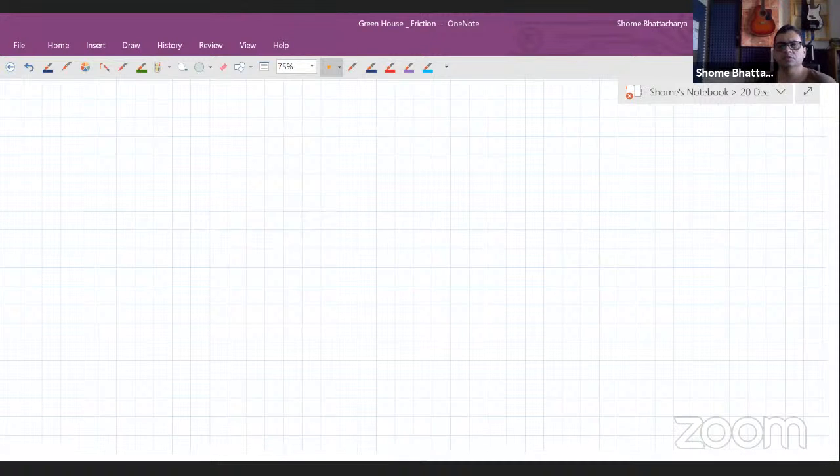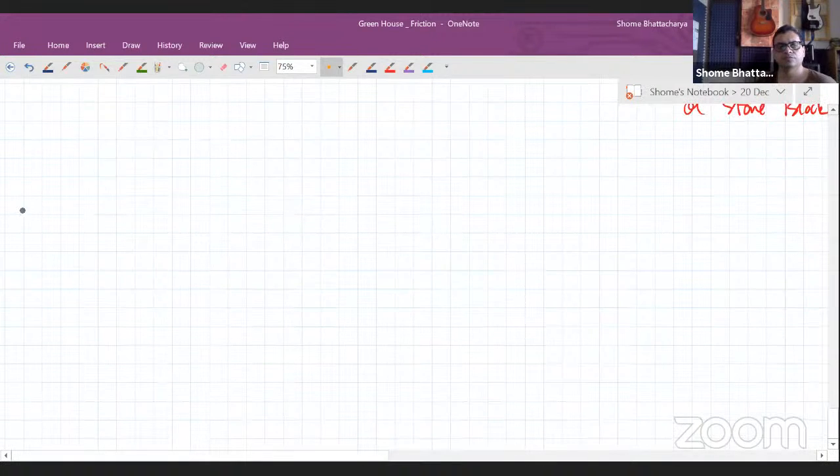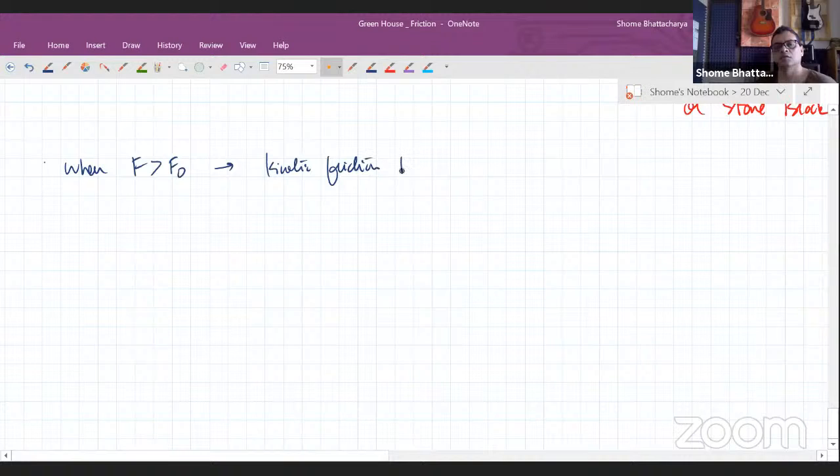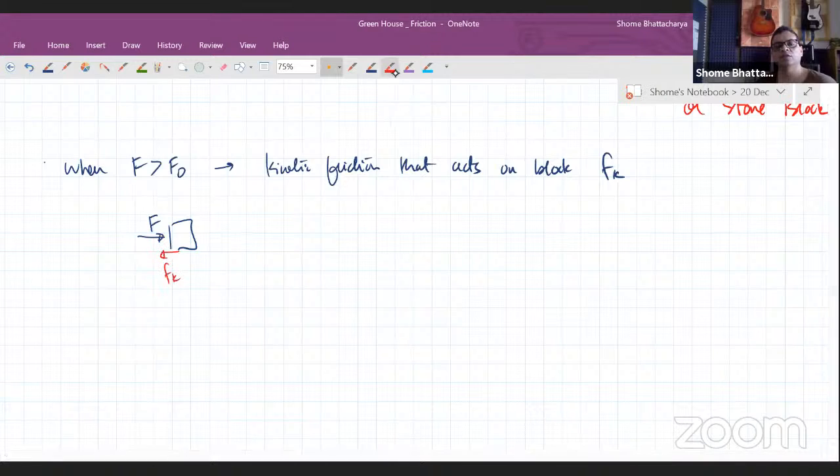Now the other thing we'll observe in the same above example is that when F becomes greater than F naught, the kinetic friction Fk acts on the block. So we are applying the external force F, kinetic friction is acting on it, and the block is having an acceleration a.